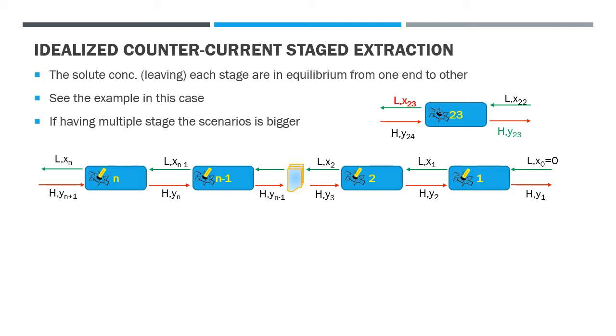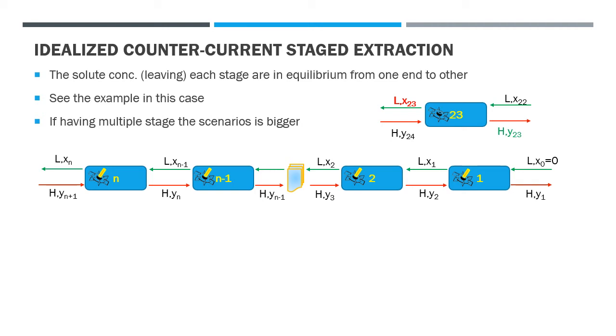That means initially there is no drug in the lighter phase, and finally it comes out at the extreme left, that is LXN. The heavy phase enters from the left extreme side as H y(N+1), and it comes out on the right hand side as y1.